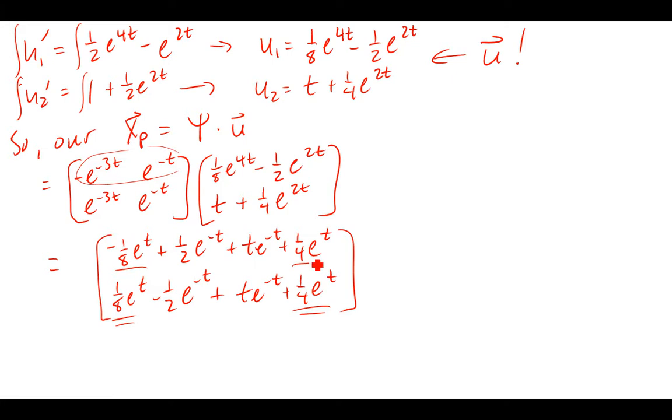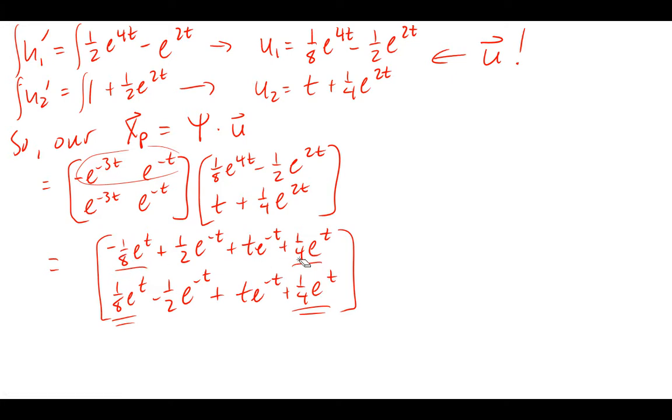So again, this was all for us to be able to figure out xp. So if I combine those things, I think I end up with an eighth e to the t and 1/2 e to the negative t and t e to the negative t. I'm just copying off of my paper, but let me make sure I didn't. So I put these two guys together, that guy and that one.